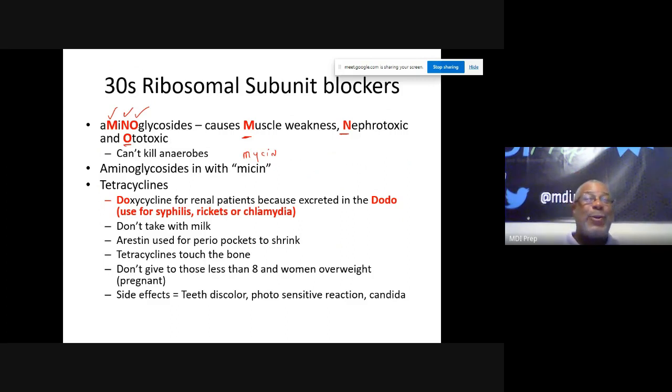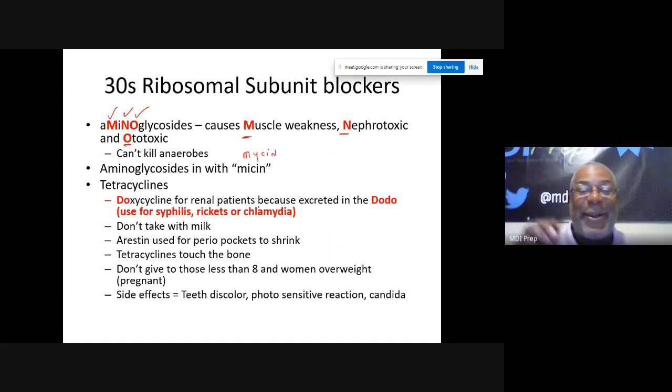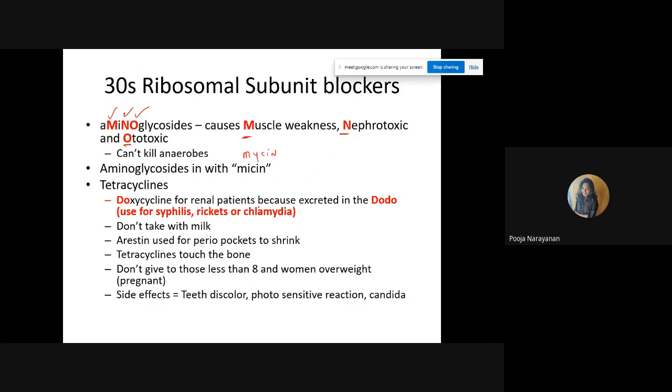But we have a pretty cool way to remember what they are, right? Does anybody remember the mnemonic for that? There's a mnemonic called ACE. Azithromycin, erythromycin, and clindamycin.